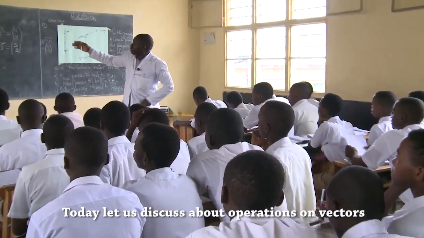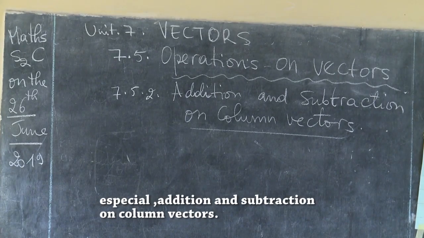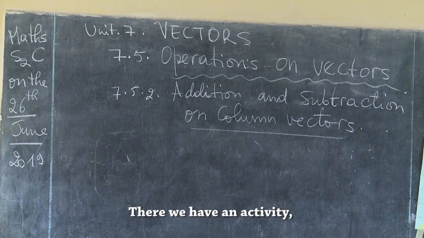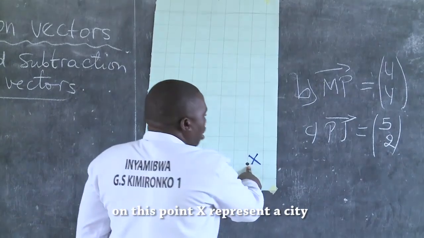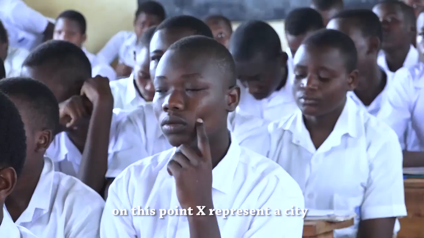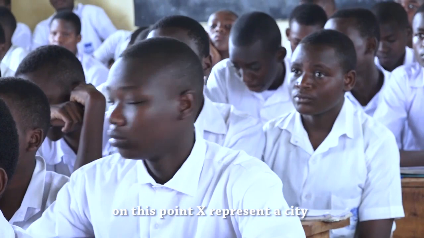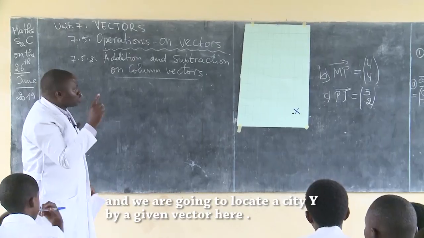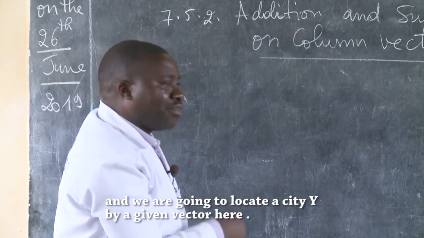Now, today let us discuss the operations on vectors, especially addition and subtraction on column vectors. Are you together? There we have an activity on this point X. X represents a city, and we are going to locate a city Y by a given vector.